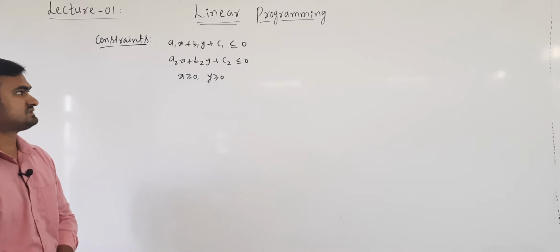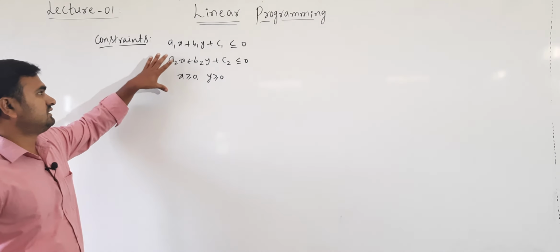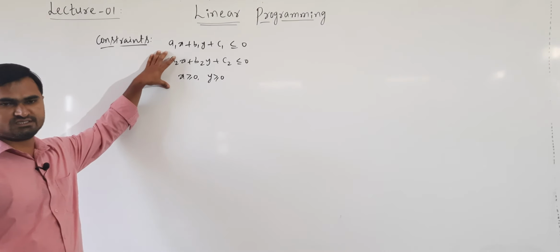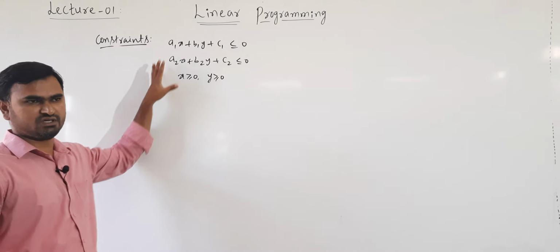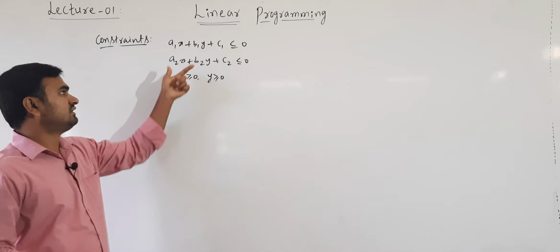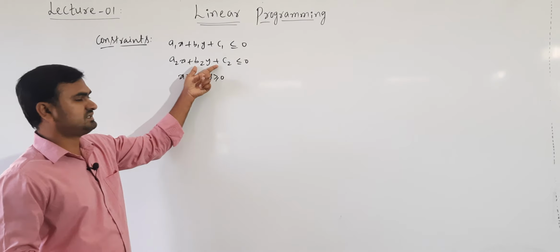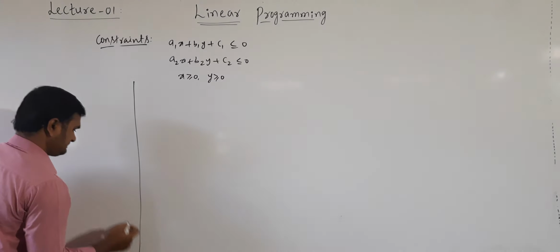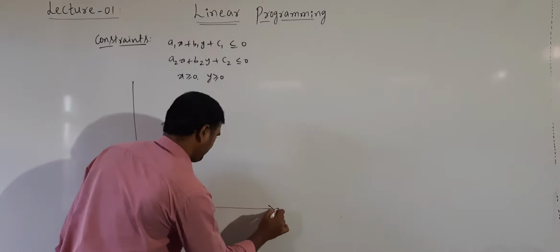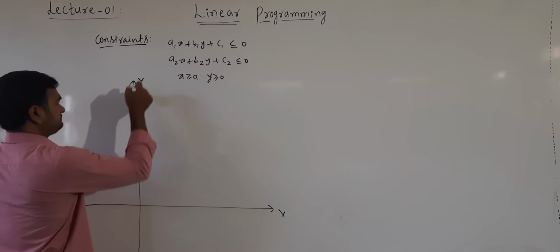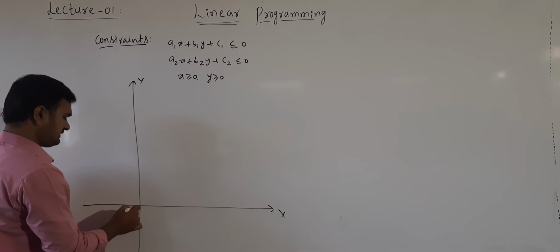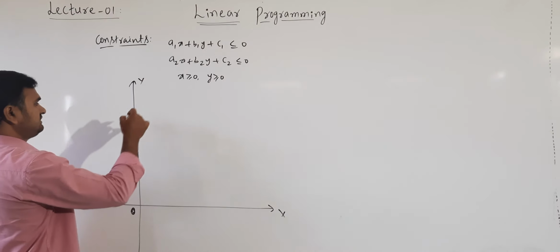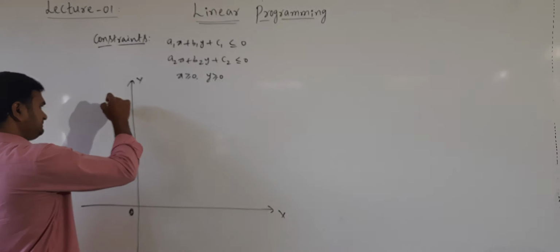So here what we do is, first you have to draw the graphical solution for these constraints. Already we studied in first year how to solve these inequalities graphically. For example, suppose we have the first inequality.